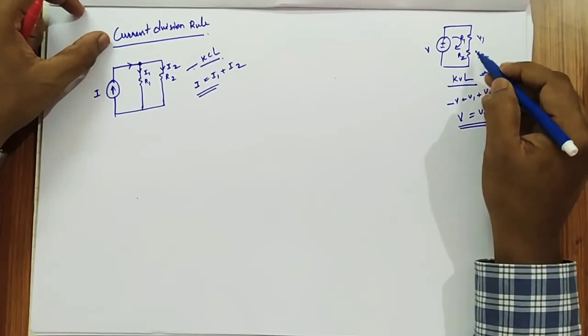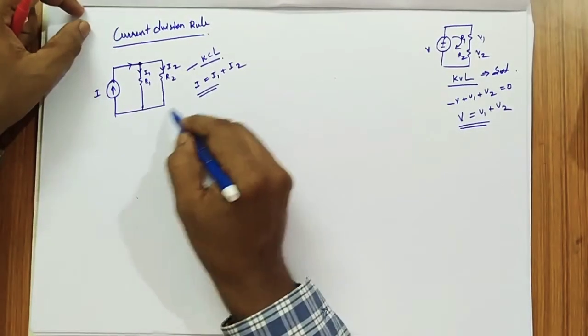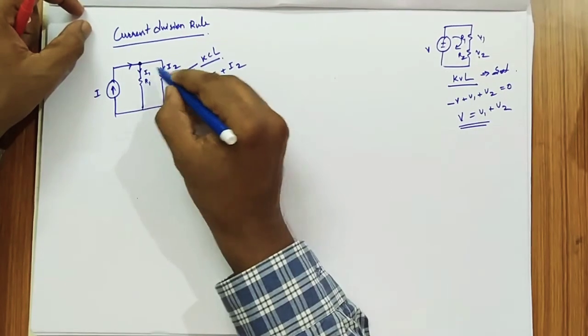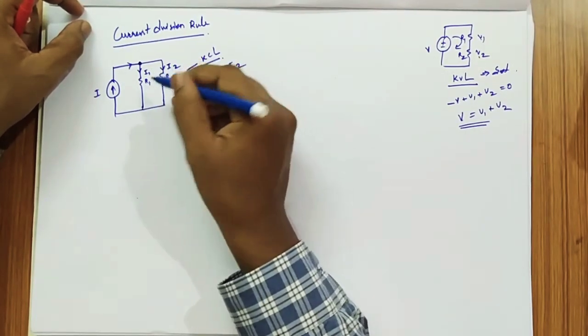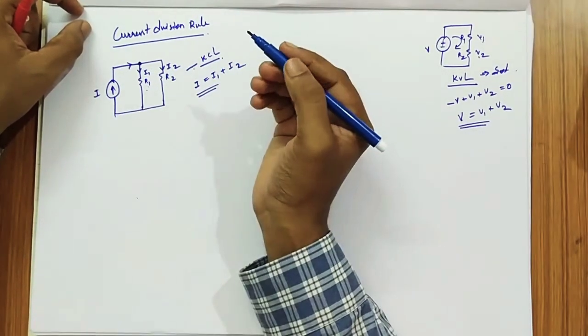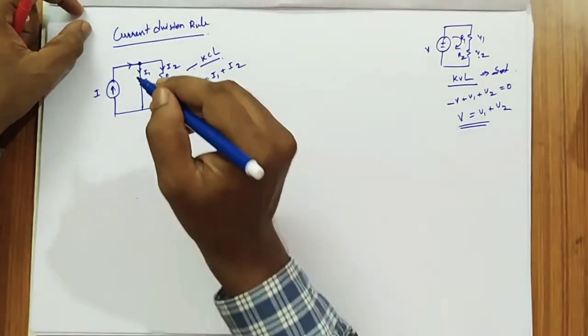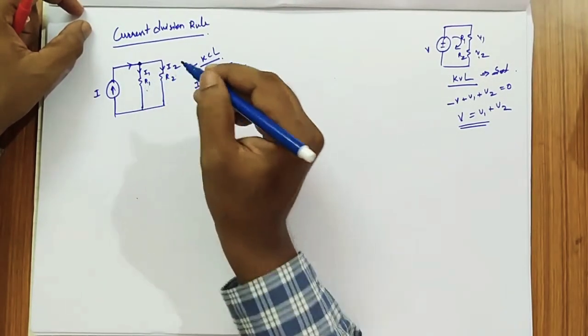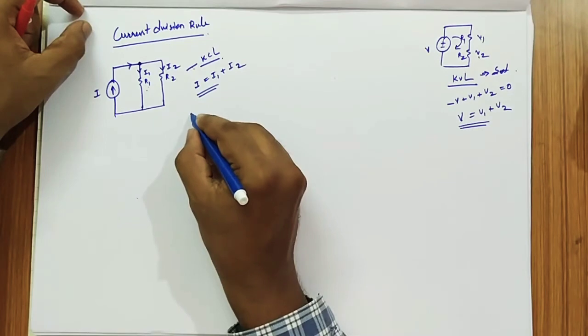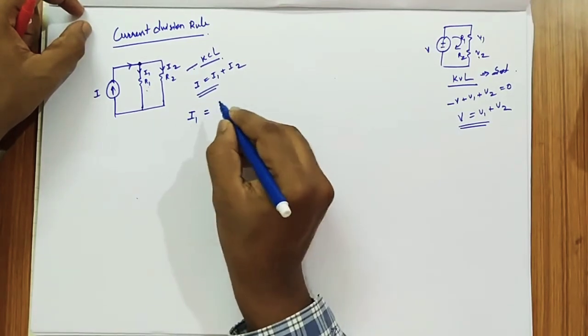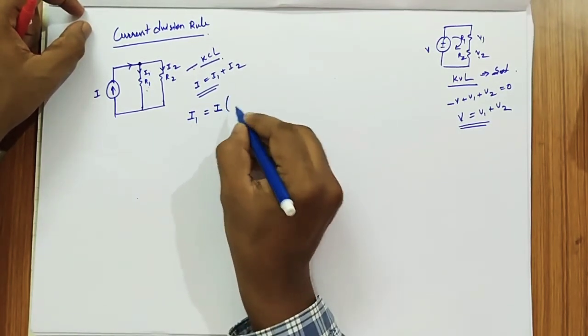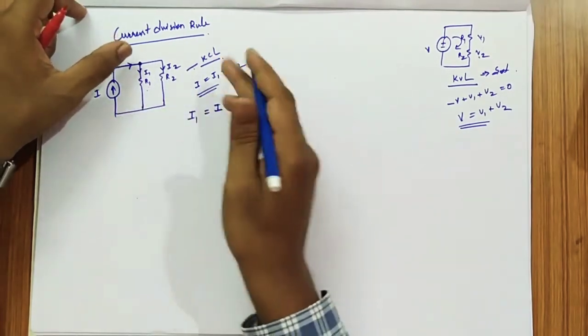Here the KVL is satisfying and we are getting the voltage across R1 and R2, and here KCL is satisfying and we are finding the current through R1, I1, and R2. So for finding the current flowing through R1, you have a formula: I1 equals the supply current I into the corresponding opposite resistance.